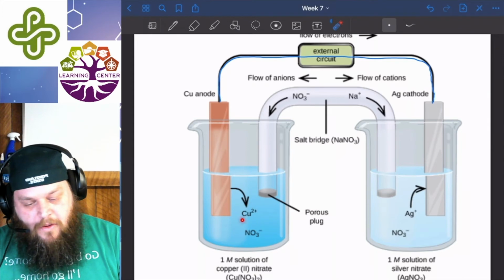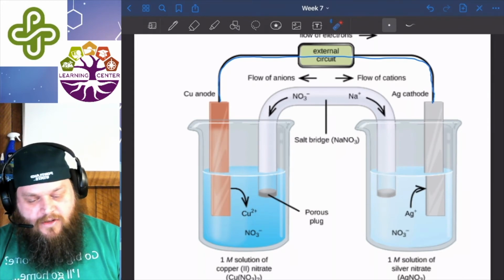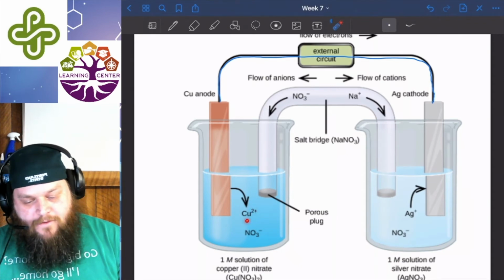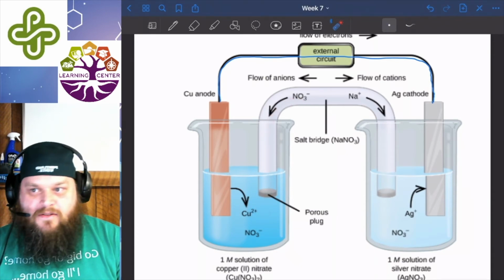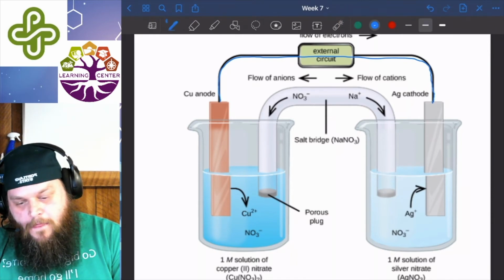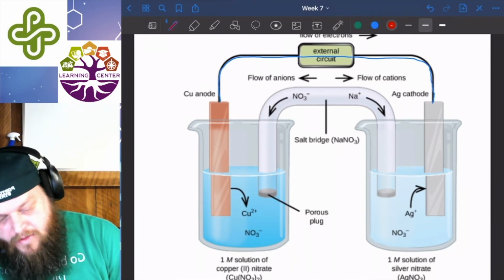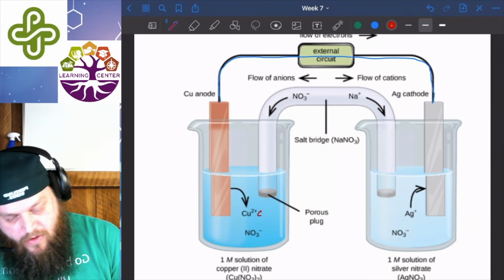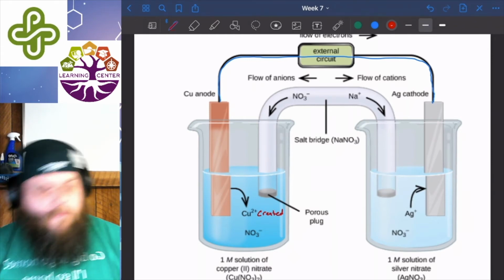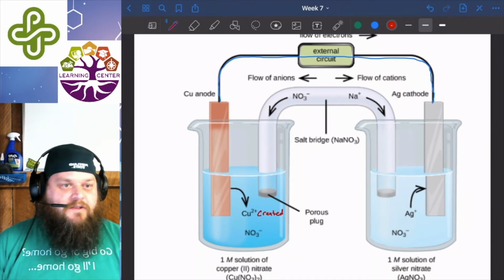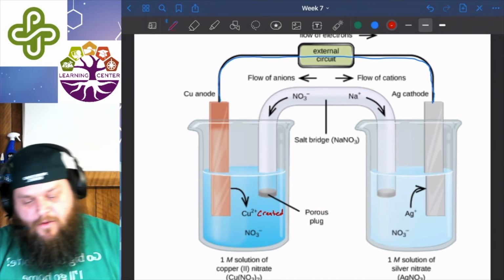So it's going to be floating around in that solution along with these nitrates that are here. So I can start writing on here, this Cu2+ is created by that oxidation reaction on this side of the equation.